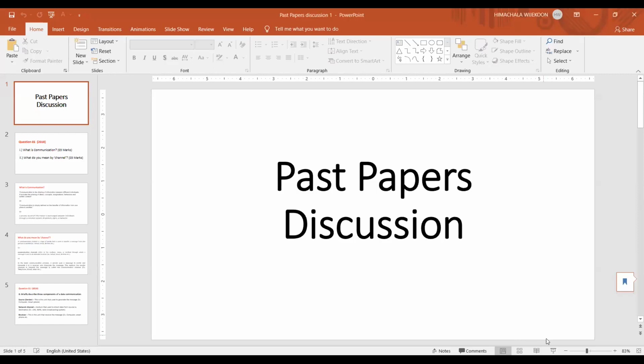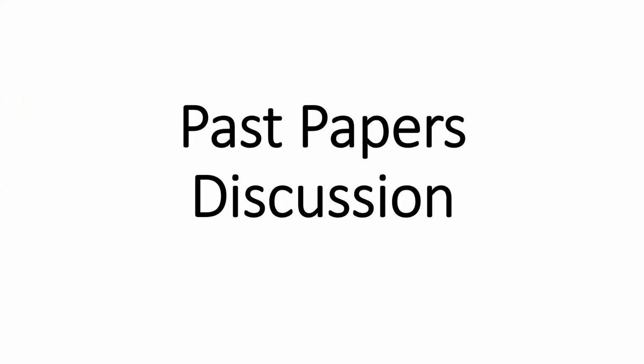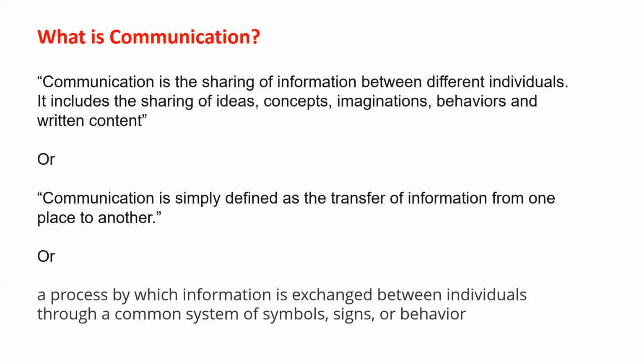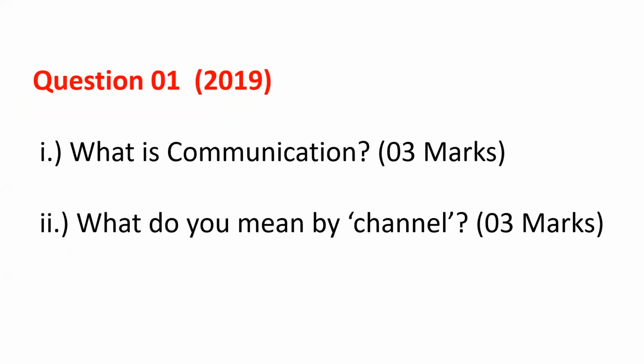Many questions can be found on your past question papers. Right? Look at the question here. Question 1, 2019. This year is 2019 in your business system paper. They are asking what is communication? 3 marks are allocated for that.